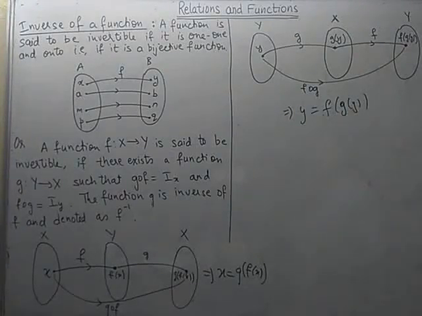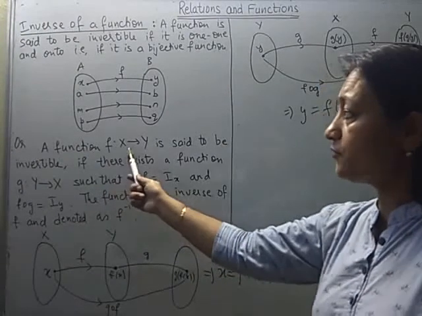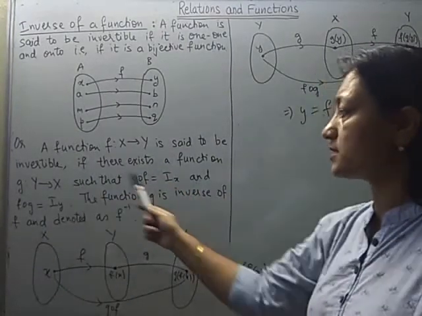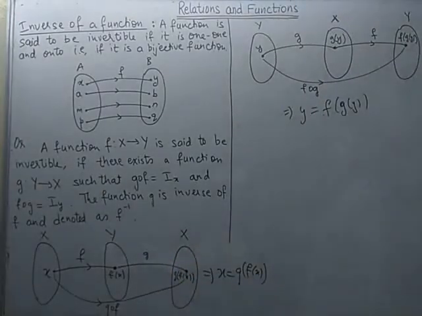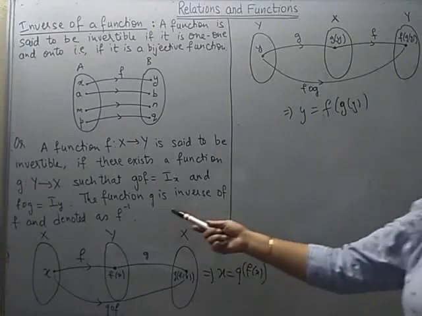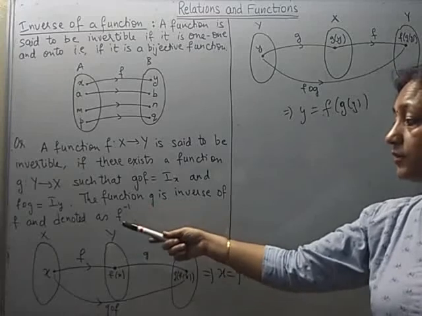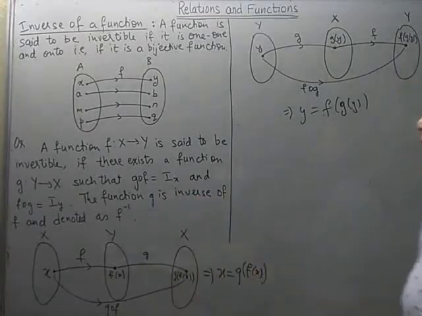So if you have to define the inverse of any function, you should be able to define a new function. For function f, it is from X to Y. You need to define a new function g from Y to X, such that these two conditions are fulfilled. Then we are able to say that they are inverse of each other. g can be termed as the inverse of f and can be denoted as f inverse. Even we can say f is the inverse of g and can be denoted as g inverse.